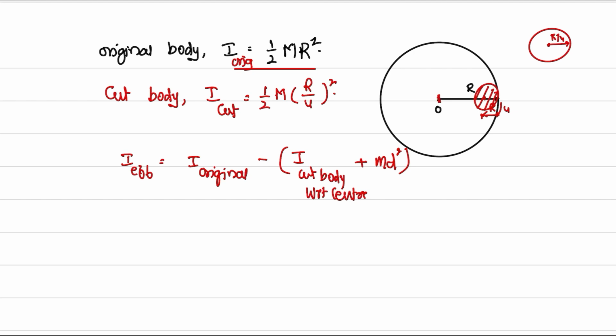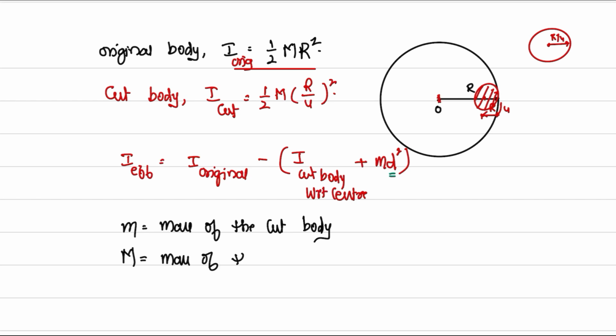This is the distance. Please understand the meaning of d, where small m is the mass of the cut body and capital M is the mass of the original body.